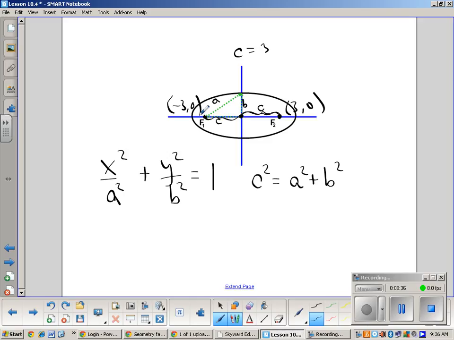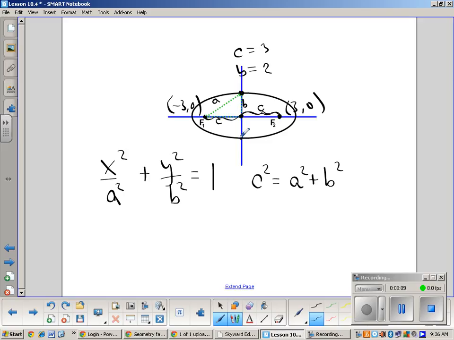Okay? And so if I knew that B was, well, I just made something up. If I just make it up and say B is 2, okay, then this point here would be this co-vertex point.